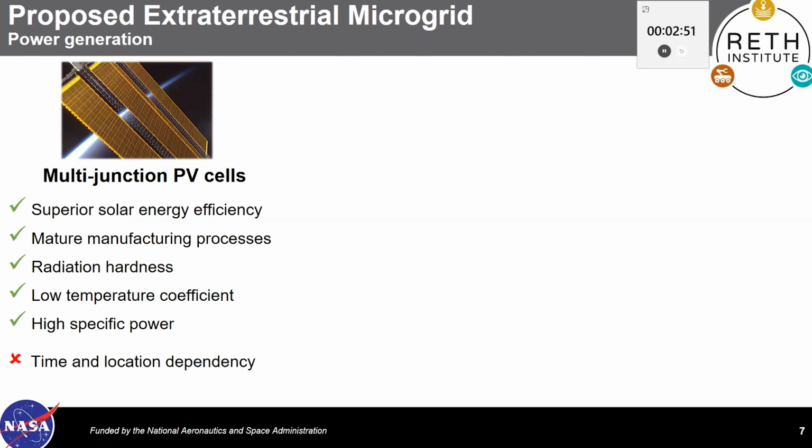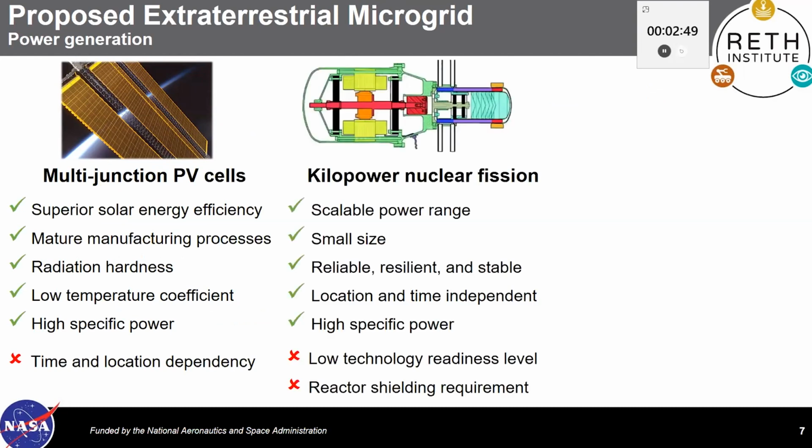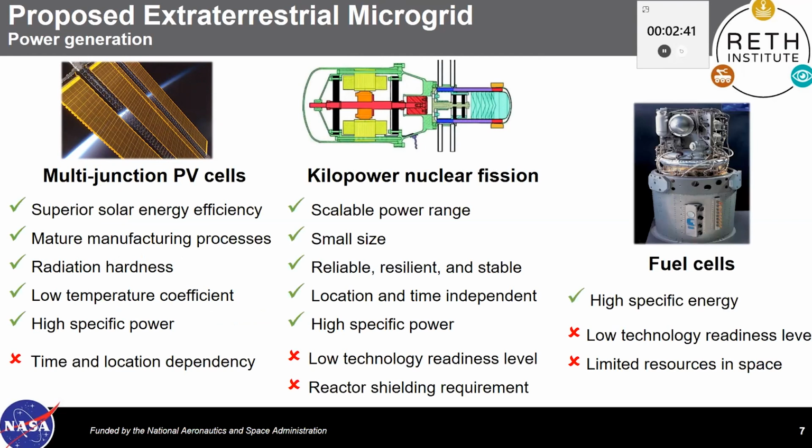The second type is nuclear fusion, or the kilopower nuclear fusion. The third type that is proposed in the literature, but we did not include in our architecture, is fuel cells. We did not include this because of the limited resources in space and the low technology readiness to be sent to space.